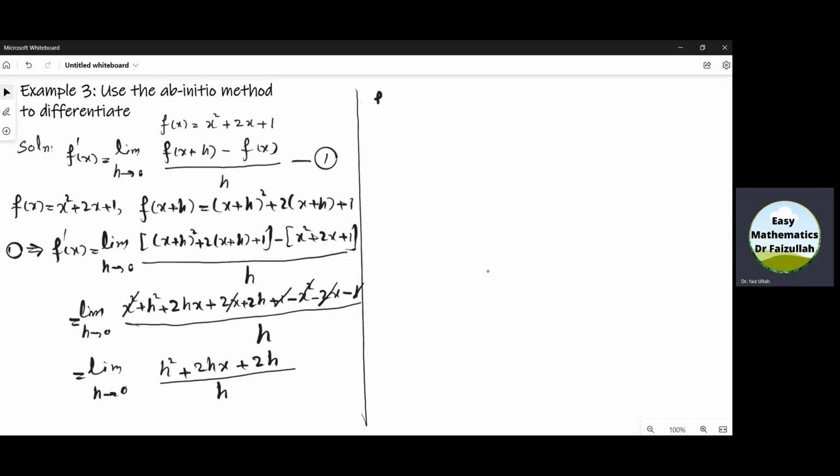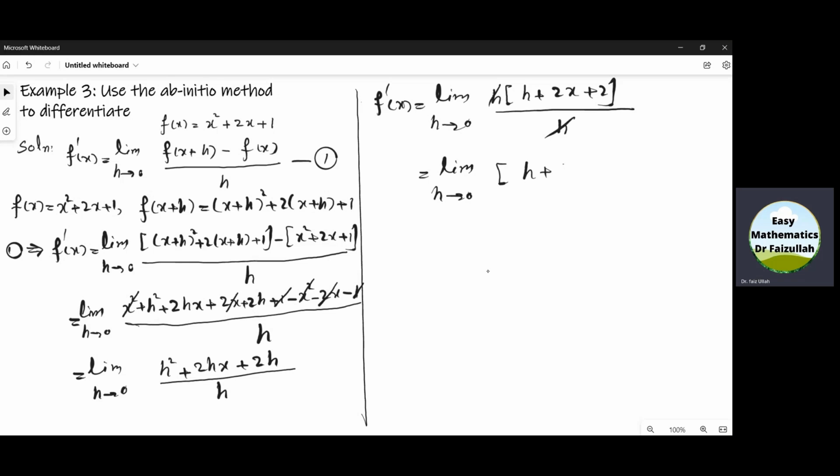And from here we get that f dash of x is equal to limit h approaches 0, taking h as common, we have h plus 2x plus 2 and whole divided by h. Now h will cancel with h and we have limit h approaches 0, h plus 2x plus 2.